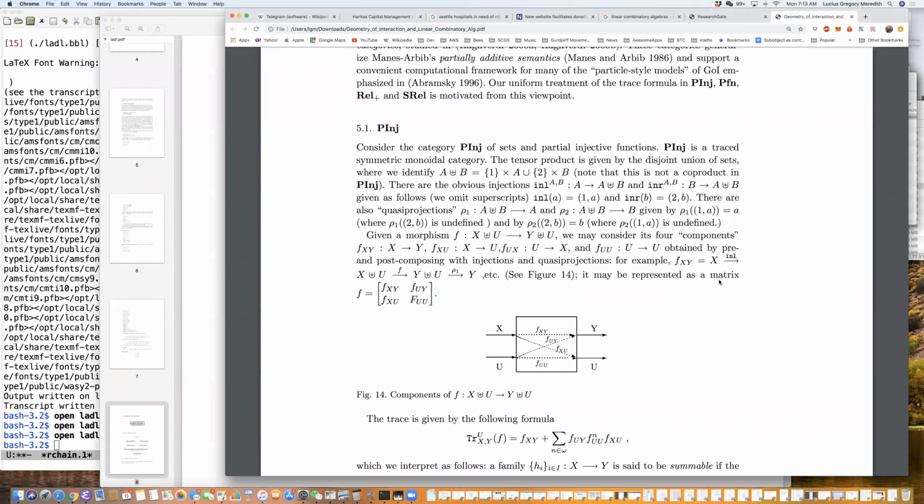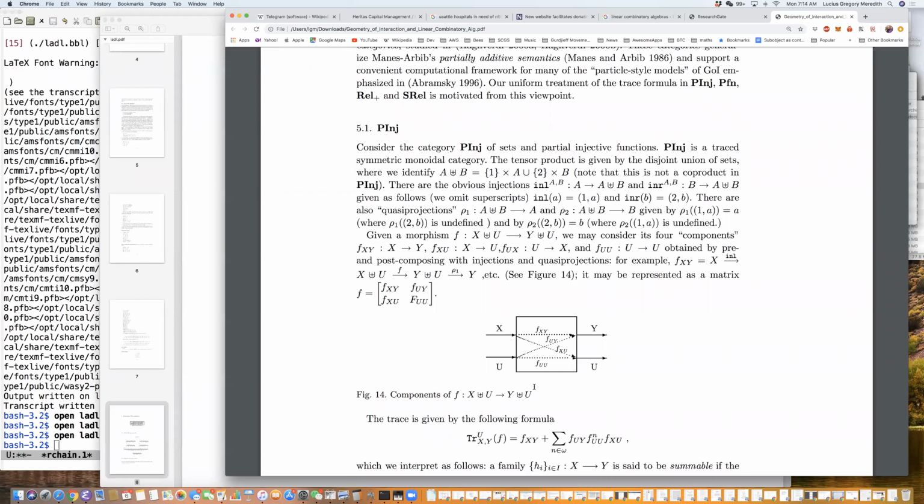Here's a picture that is commonly associated with that particle-like view. So if you've got some morphism that's effectively from X to Y, it's really from X tensor U to Y tensor U. And then we use the U as an accumulator in a recursion.